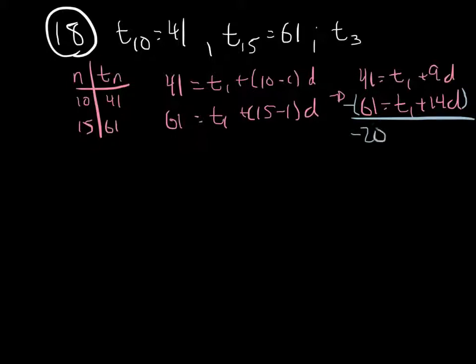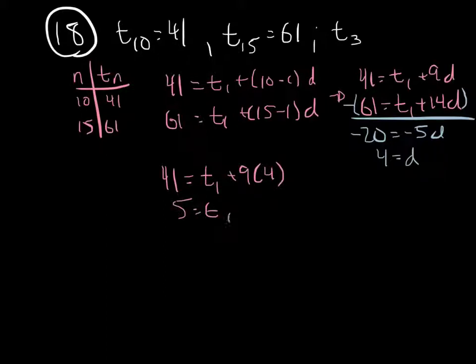I get negative 20 is equal to negative 5d, so my common difference is 4. If I know my common difference, I can find the initial value, t sub 1. So 41 is equal to t sub 1 plus 9 times 4. That gives me 5 is equal to t sub 1.